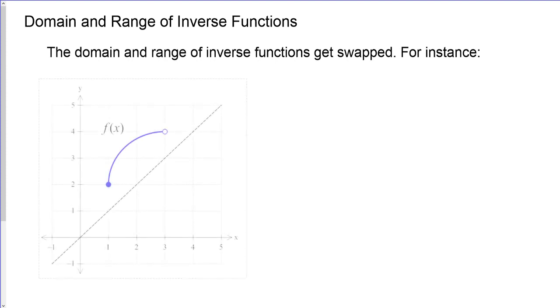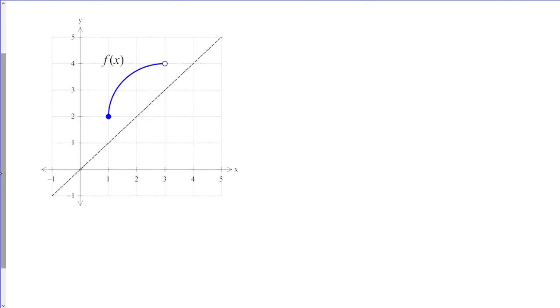For instance, if this is my function f of x, I want to identify the domain and range of that function. So the domain starts at 1 and goes to positive 3. So for f of x, the domain is the set from 1 to 3.